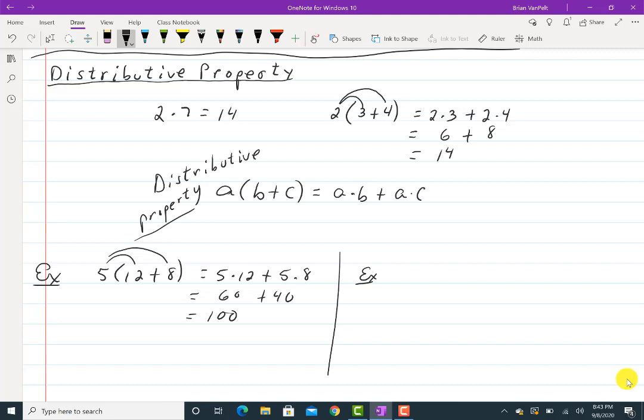Similarly, 3 times 9 minus 2 will equal 3 times 9 minus 3 times 2. So whatever symbol is in here, plus or minus, goes into that spot as well. So we end up with 27 minus 6, and that equals 21.